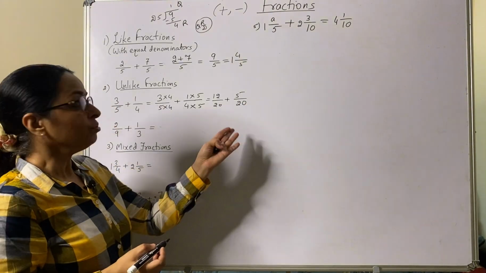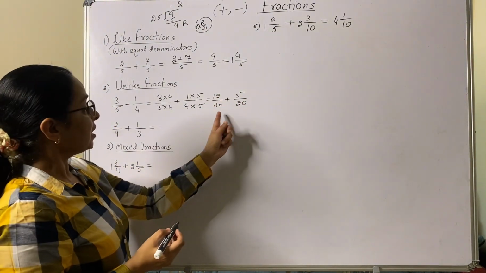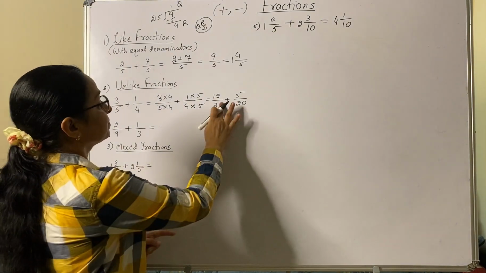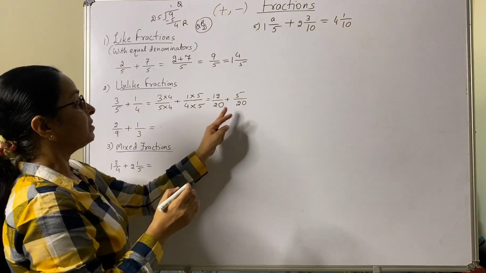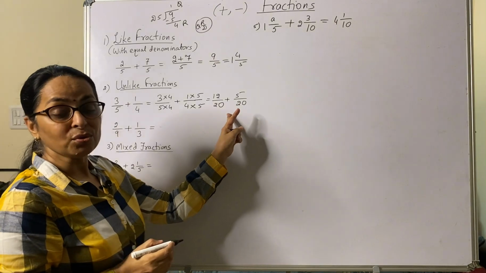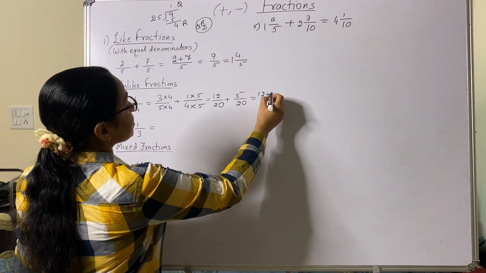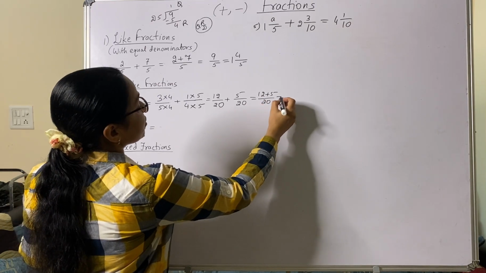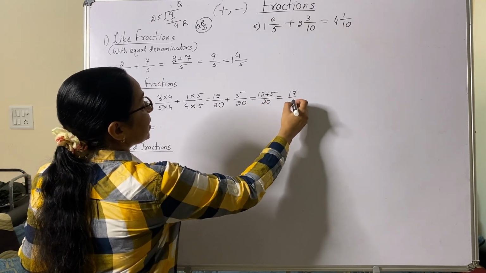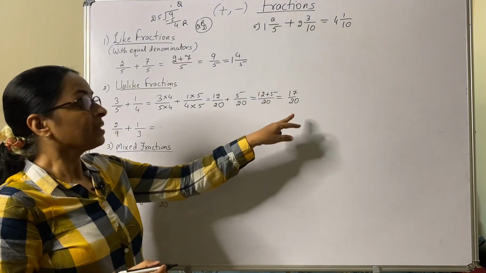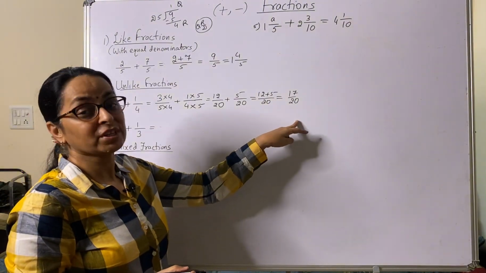Now what we need to do? Add the numerators. See, our denominators are now same. Right? Denominators are same. So if these are now converted to like fractions. Now it is 12 plus 5. Our task is very easy. 12 plus 5 by 20, which is 17 by 20. Now you see, here this is proper fraction only.